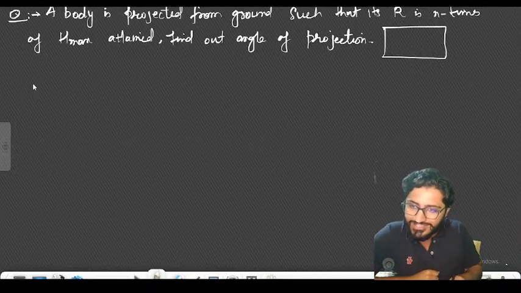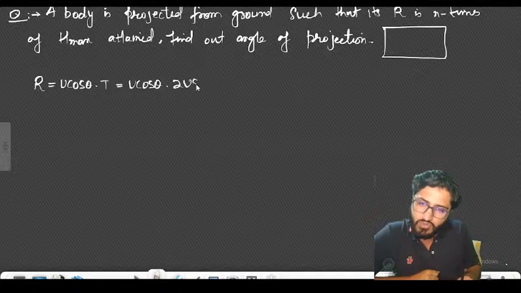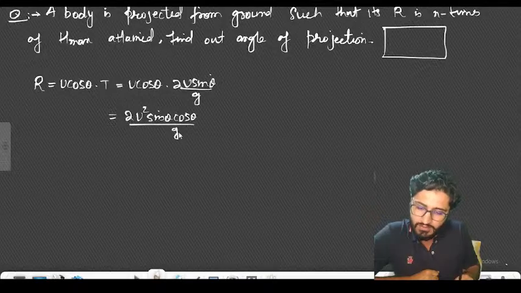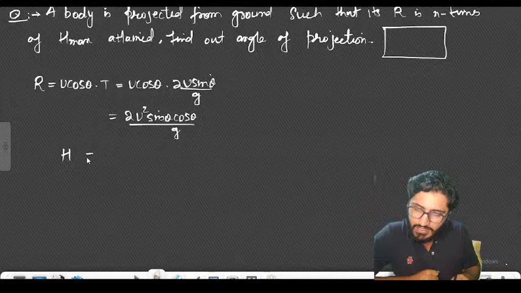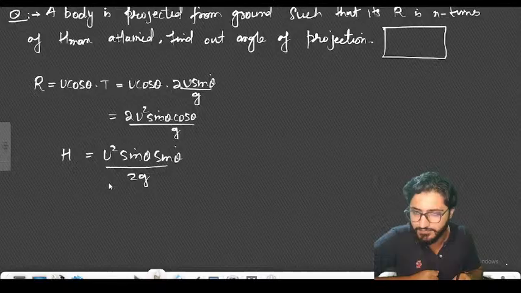Look now. What is range? Range is u cos theta multiplied with t. I can write u cos theta multiplied with 2u sin theta divided by g. I can write 2u square sin theta cos theta by g. Done. What is h? h is u square sin square theta divided by 2g. What will be then r by h?